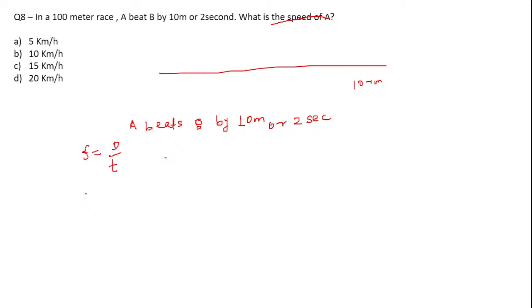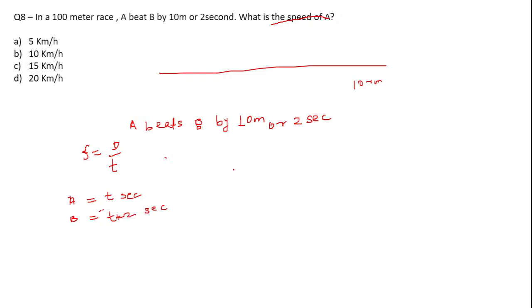Suppose A takes T seconds to finish the race. As given in the question, A beats B by 2 seconds, so B will take T plus 2 seconds.